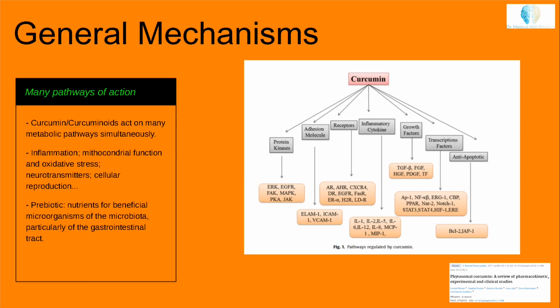It acts on pathways related to inflammation, to mitochondrial function and oxidative stress, to neurotransmitters, to cellular reproduction, among many others. It can also act as a prebiotic. It can serve as a nutrient for beneficial microorganisms of the microbiota, particularly the microbiota of the gastrointestinal tract.